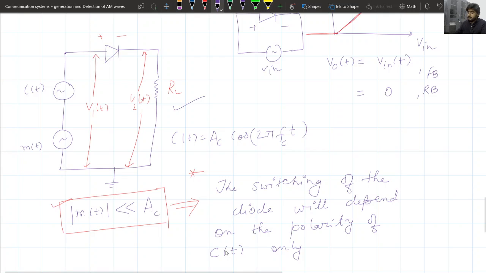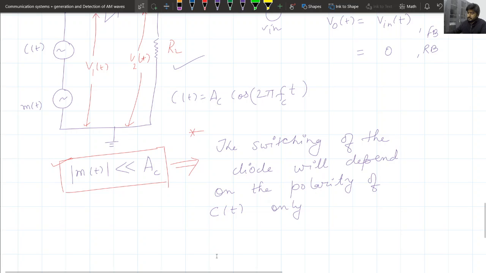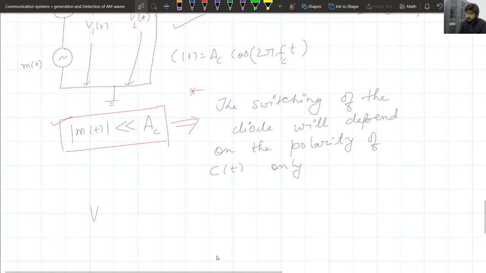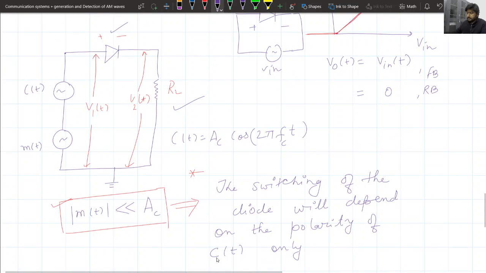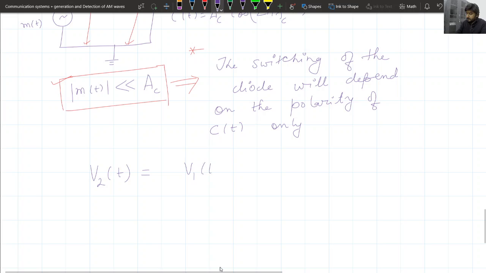If we see this equation, we can say that v2t will be equal to v1t in the case of forward biasing, only when ct is greater than 0, and when ct is less than 0, that is the case of reverse biasing, its value will be 0.